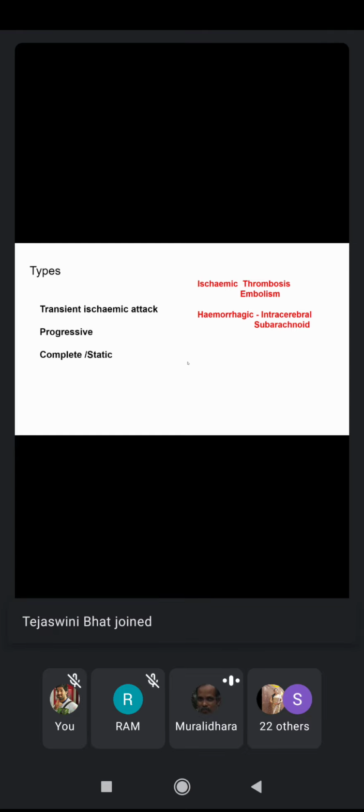The duration of the progression can vary, so it's quite important to assess whether the patient is in a progressive stage or not. And complete is where the stroke has occurred, the tissue is dead, and only the neurological deficits are residual, they are the issue of concern, and the patient has come to you for that reason.